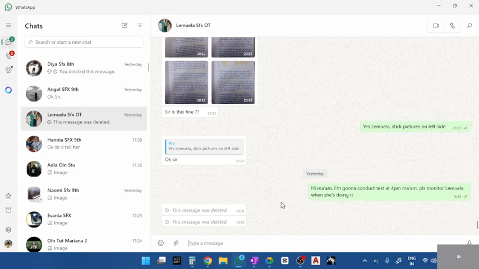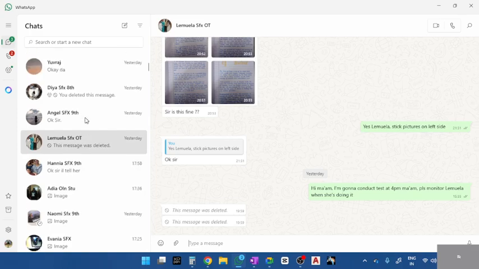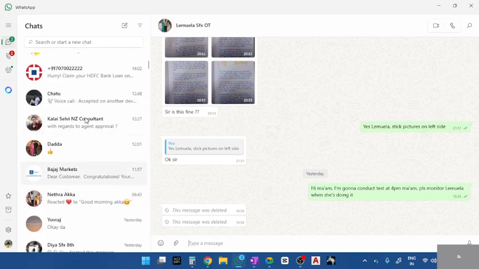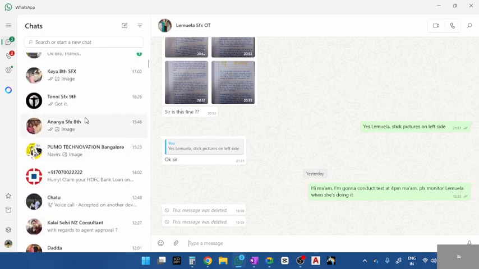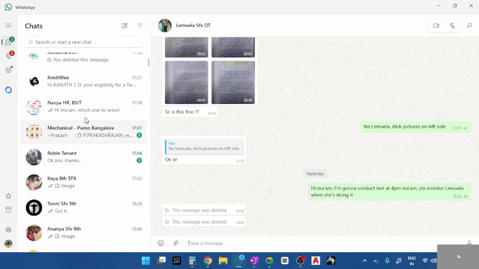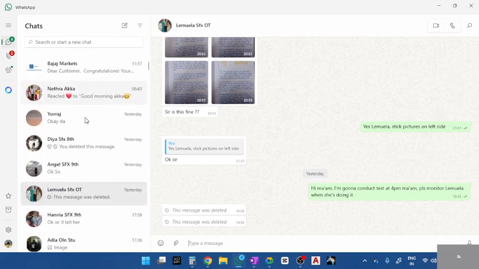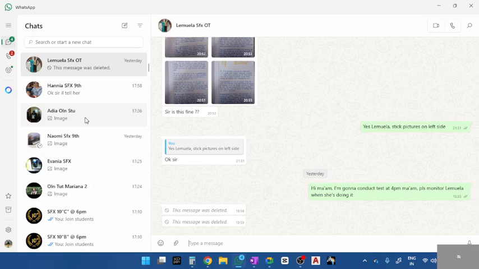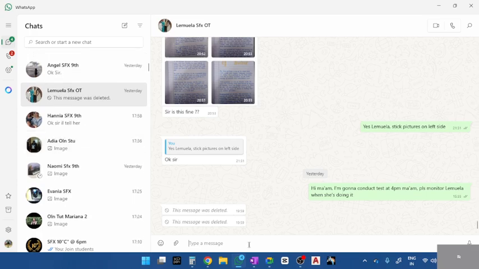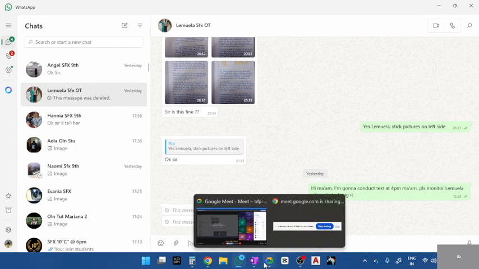Sent it to someone else? Sister's phone? Not this phone? Not this number? Okay. I didn't save other numbers. Only one number I had. Yeah, I have only one number. I didn't get any message. Let me.